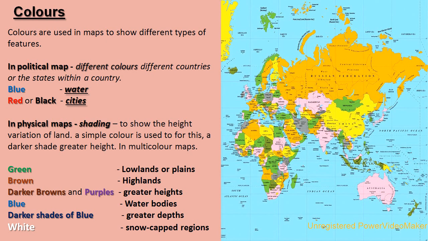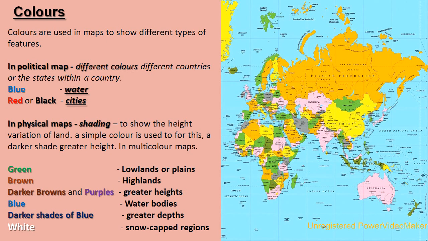And in the same map you can see the blue color which is used to show the water body. You can see the red and black color, and the red color is used to show the capital cities, and the black color is used to write the names of the cities.